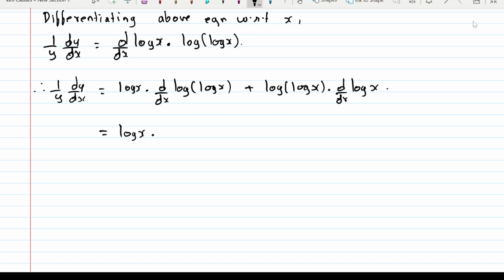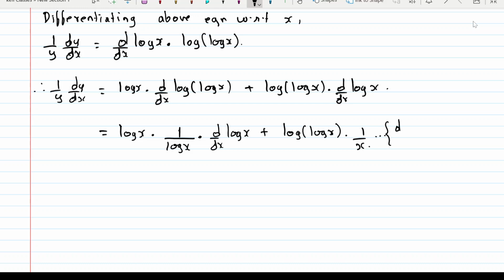Okay, so d by dx of log of log x is 1 upon log x into d by dx of log x, plus log of log x into d by dx of log x, which is 1 by x.